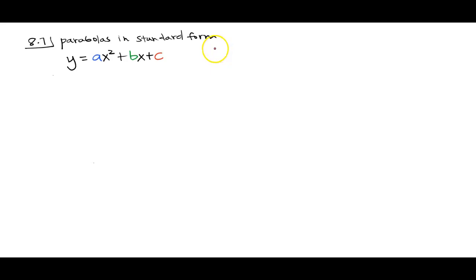Maybe before I go on, I want to talk about understanding the different forms of parabolas. There are these quadratics, but they make parabolas. A parabola is the shape that they make on a graph.